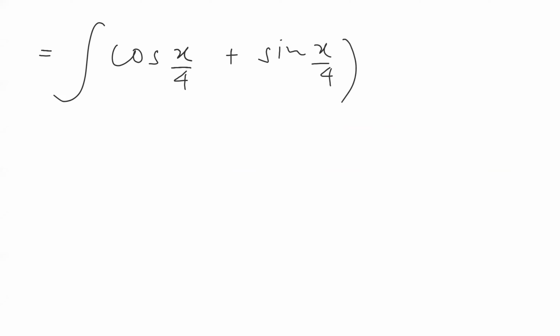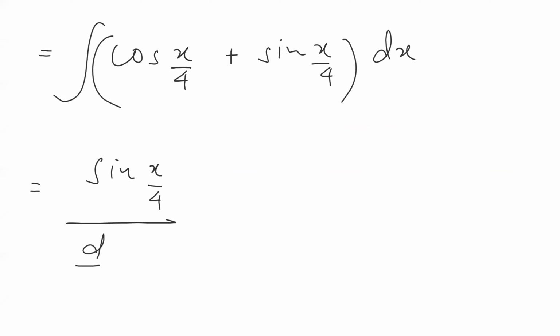So this will be integration of cos x by 4 plus sine x by 4. Cos x integration is sine x. So cos x by 4 integration will be sine x by 4 upon d by dx of x by 4. I'll compare this with the cos x formula.